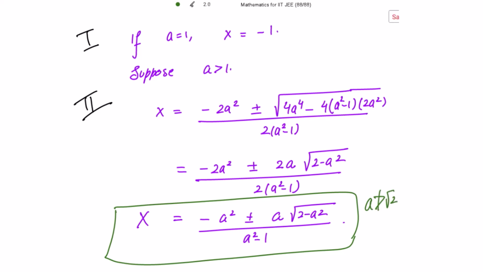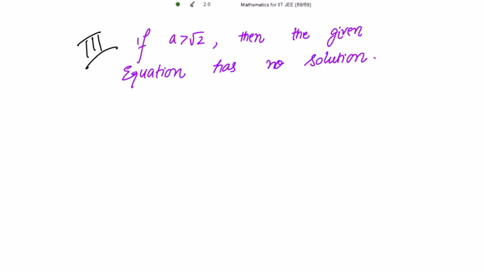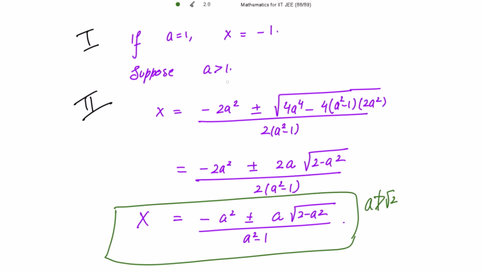Because if a is greater than square root 2, then you are getting a negative number inside the square root, and for that you will get x to be an imaginary number. But x is the real part of z, right? So for a greater than square root 2, there is no solution, which means we are getting the solutions for a greater than 1 and a less than or equal to square root 2, right?